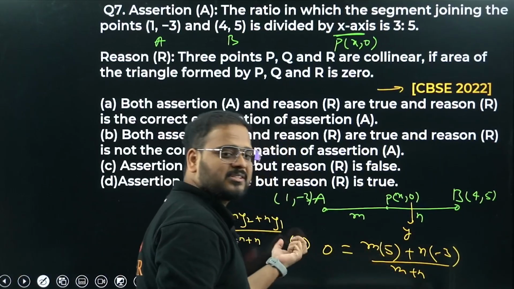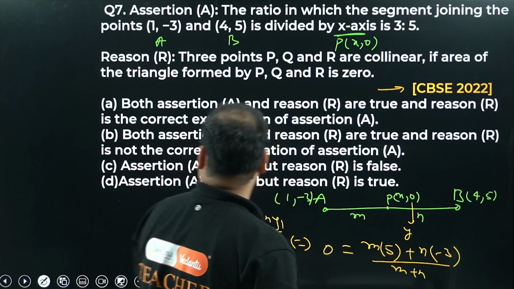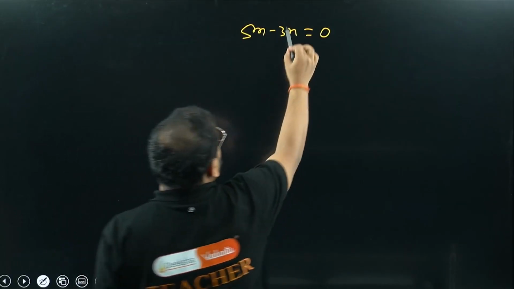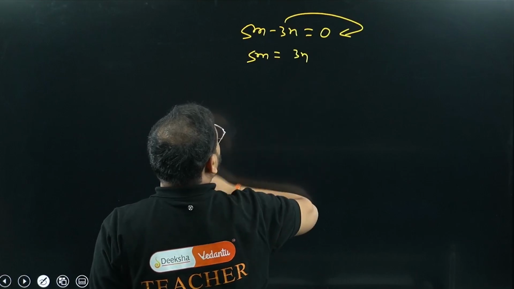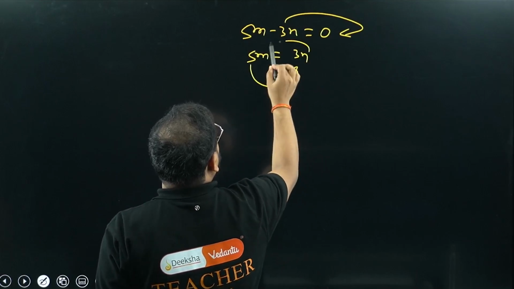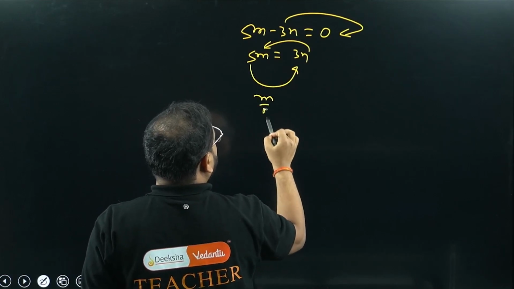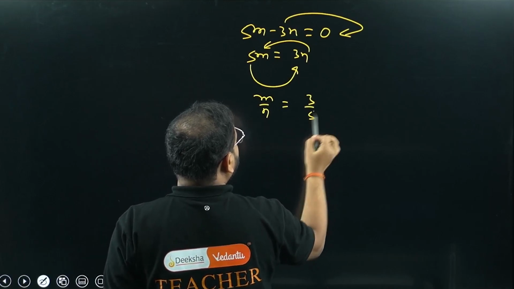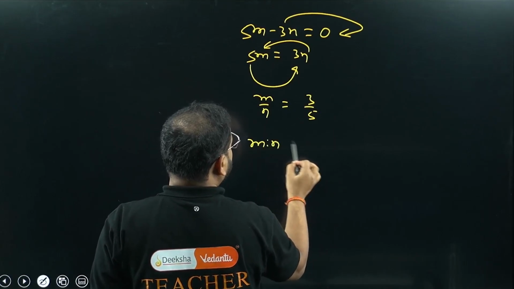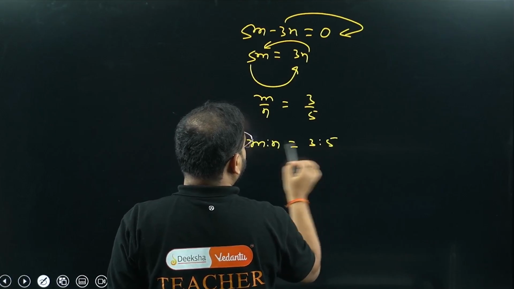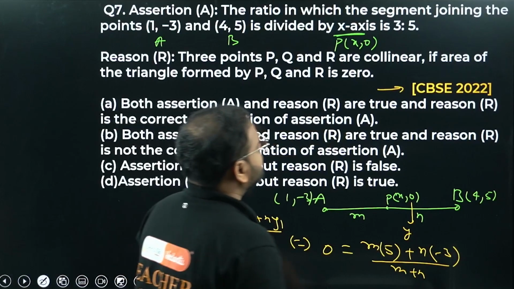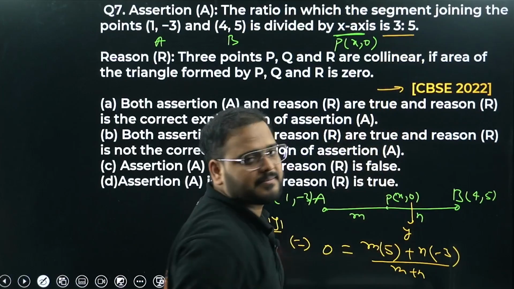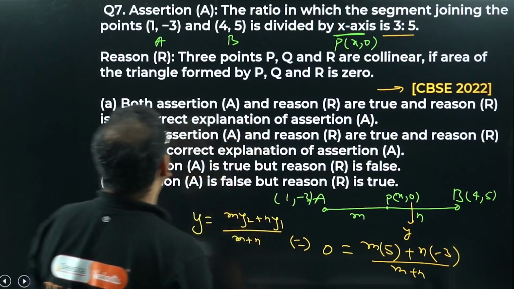M plus n can come on this side, multiplied with 0, so it becomes 0. Bring this to this side: 5m equals 3n. Bring 5 over here and n over here: m by n equals 3 by 5. The ratio is 3:5, so this is correct. The ratio is correct, right? So option A is correct.